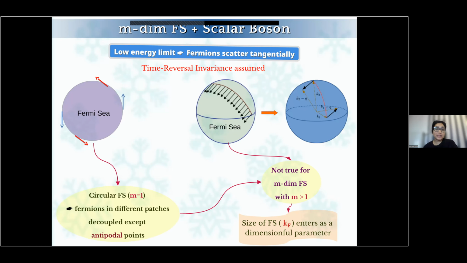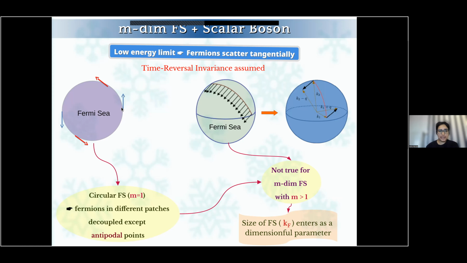So as I told you, we took the generic Ising nematic system in generic dimensions. So let us take an m-dimensional Fermi surface interacting with a scalar boson. Now we are interested in formulating the low energy effective theory. And in this low energy limit, fermions are allowed to scatter only tangential to the Fermi surface.